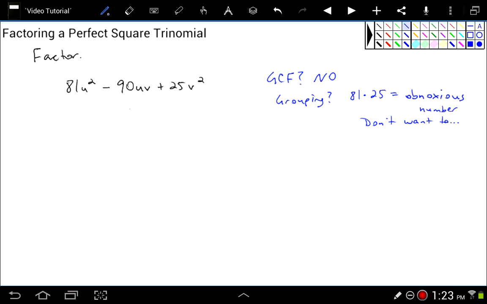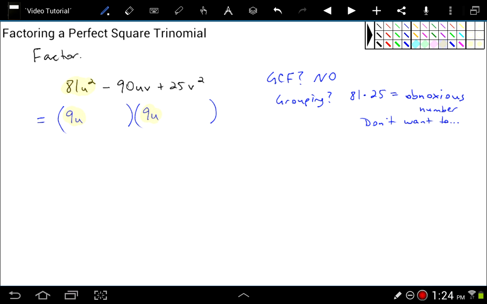I notice that the first term and the last term are both perfect squares, right? So I could create those easily if I went to try to factor this immediately. To get 81u squared, I would use a 9u and a 9u. That's going to give me this.